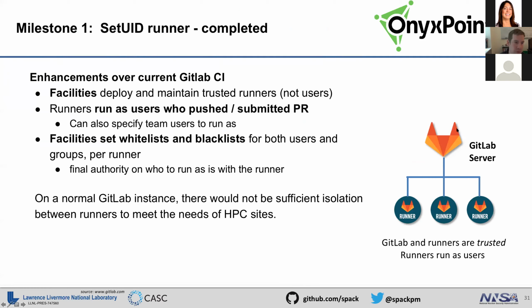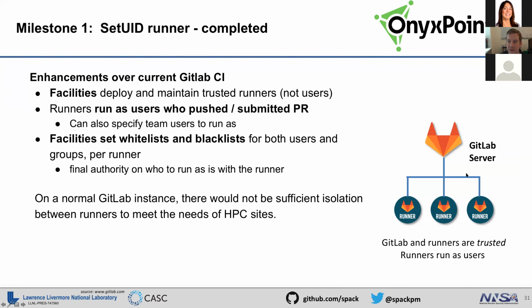So if you do a pull request or if you push something to GitLab, GitLab knows that the users on the runners are the same as the ones in GitLab, and it tells the runner to run as whoever did the push. So that gets us the OS level security at the center, and then we're able to actually have runners that integrate with the batch system and that users can actually submit jobs from, and that are isolated from other runners.